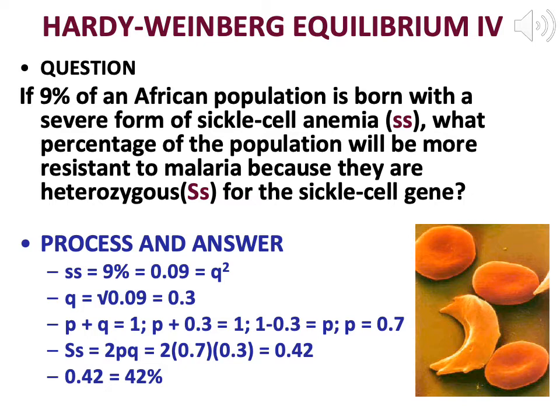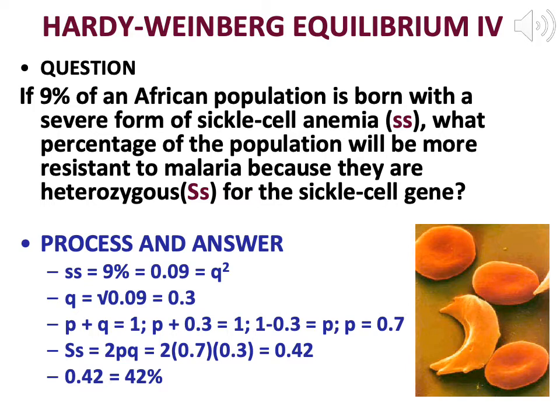So obviously from a public health standpoint, this question makes sense. If 9% of an African population is born with a severe form of sickle cell anemia, what percentage of the population might be more resistant to malaria because they have inherited the heterozygous genotype for the sickle cell gene? In other words, what percentage of this population is going to be resistant?